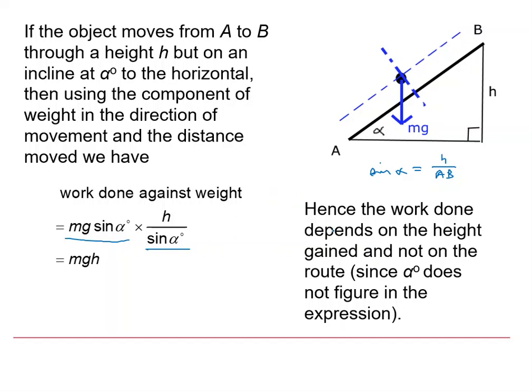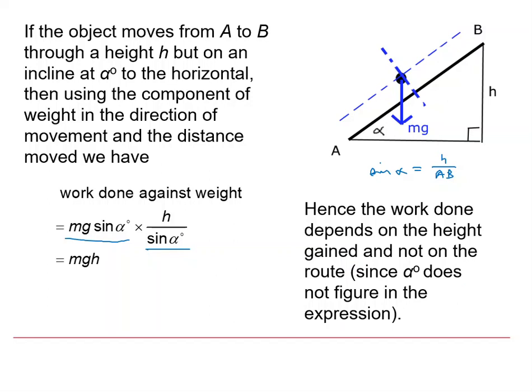So, to summarize that result once more, the work done for or against gravity depends only on the height gained and not on the route. And for that reason, gravity is known as a conservative force, and it means, in fact, that if you move in the opposite direction, not necessarily by the same route, but if you lose height having just gained it, the same work done that you did to create the potential energy is then realizable as work done to create kinetic energy, perhaps, or some other form of dissipation as it comes back again.